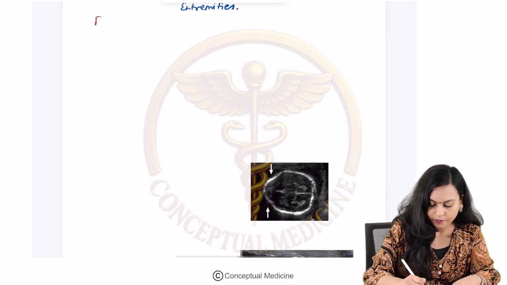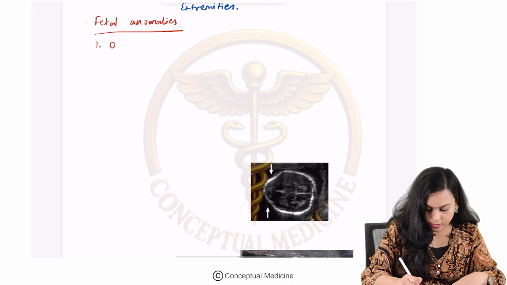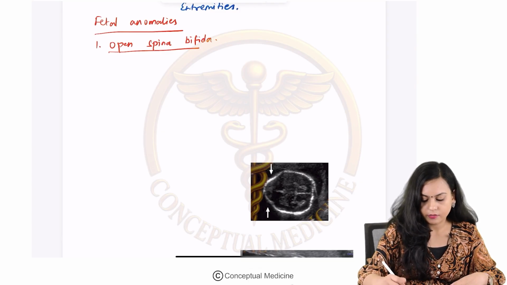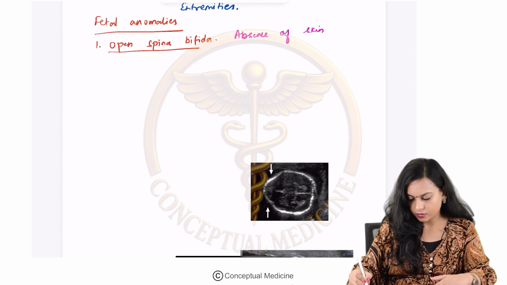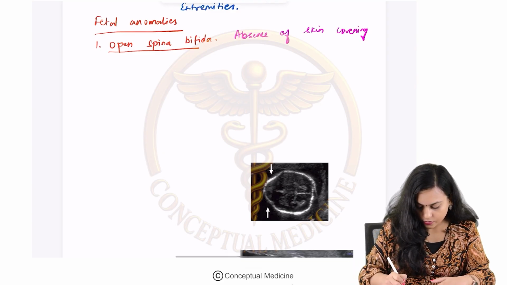Now we'll see the fetal anomalies that you can appreciate in the second trimester. Number 1 is an open spina bifida defect. So what is happening here is there is an absence of skin covering. You will be able to appreciate 2 signs here.